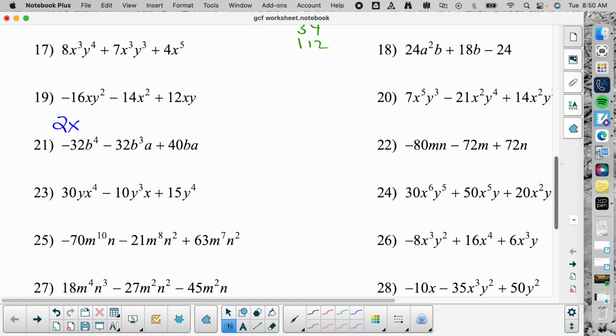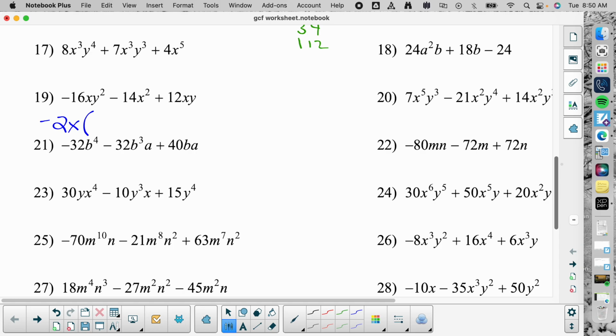Do they all have a Y? No. Okay, now the last thing is that 16 has a negative symbol on it, so I'm going to take a negative out. Okay, now those are all the things that were in common. I look at the numbers, I look at the letters, I look at the negative symbols. Okay, how do I decide what number to write next?